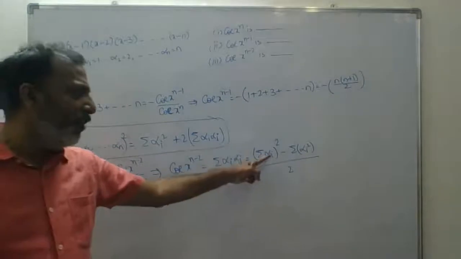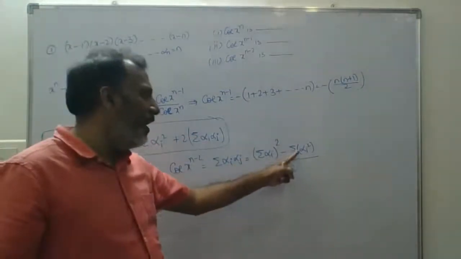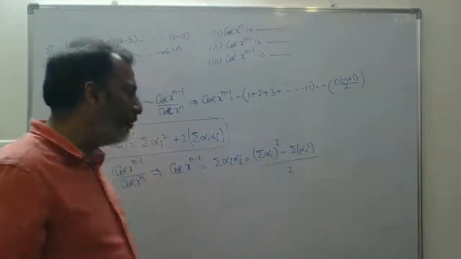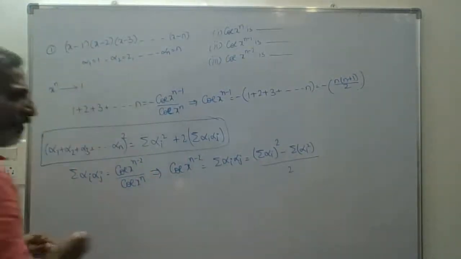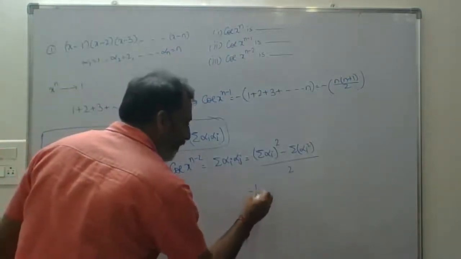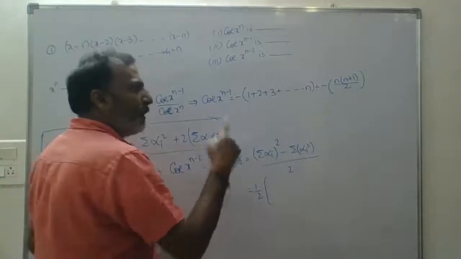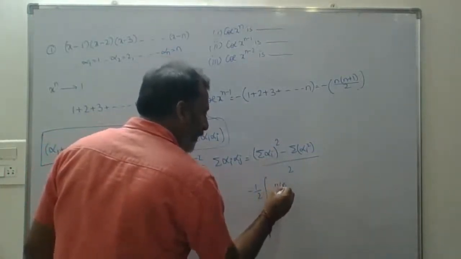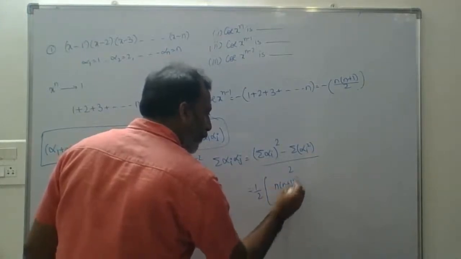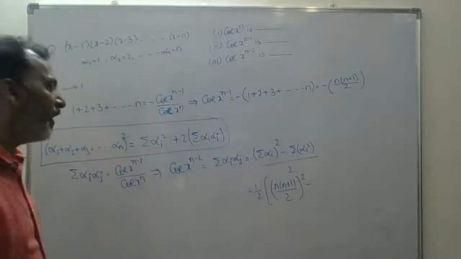Sigma alpha i whole square minus sigma alpha i square, whole by 2. Here alpha 1, alpha 2 and so on are 1, 2, 3, that is half of what is this? Sigma alpha i means 1 plus 2 plus 3 plus so on up to n. That value is n into n plus 1 by 2 whole square minus sigma alpha i square.